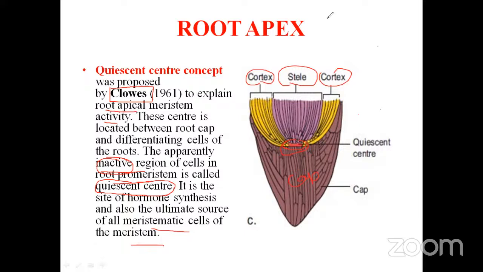Generally, the cells of the quiescent center do not divide, but they become active when previously active cells get damaged. Thus, this center acts as a reservoir of cells, a permanent source of active cells. When already existing active cells are damaged, they become active.